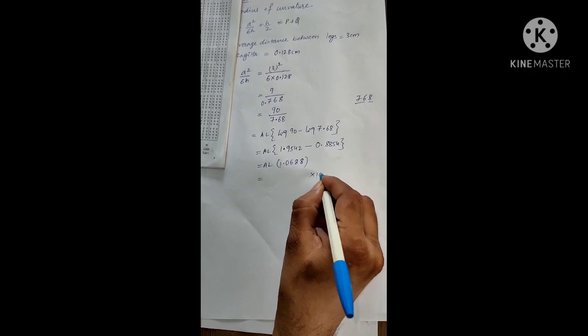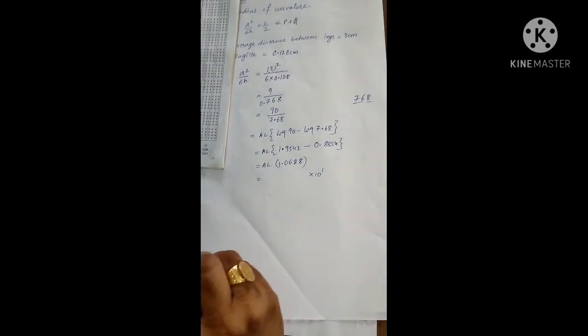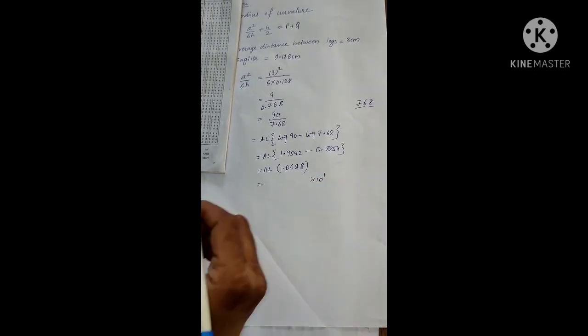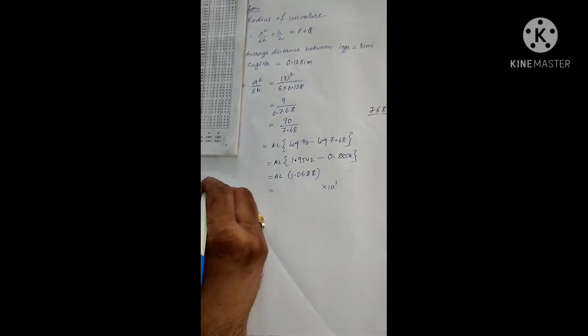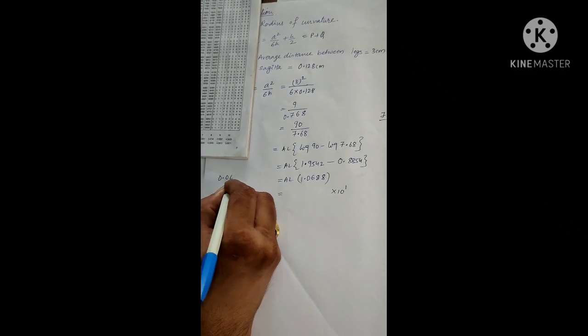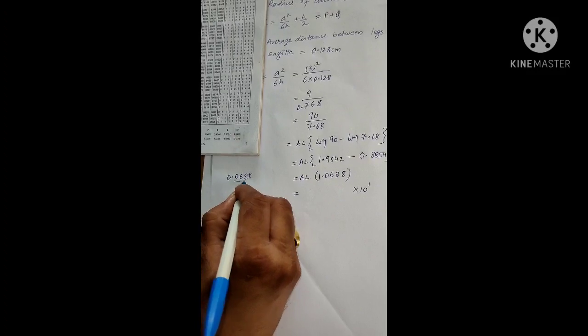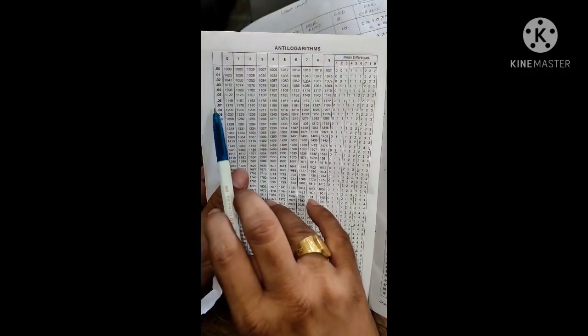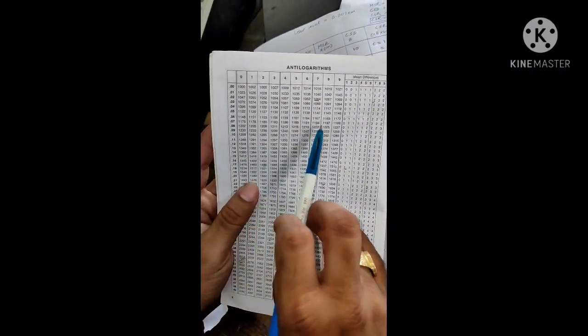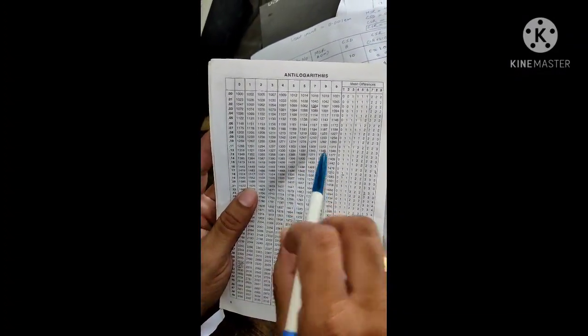Now this can be written as 10 raised to 1. Now see the mantissa in the antilog of 0.0688. The column in the antilog is 0.06, and the 8th column of 0.06 is 1169.